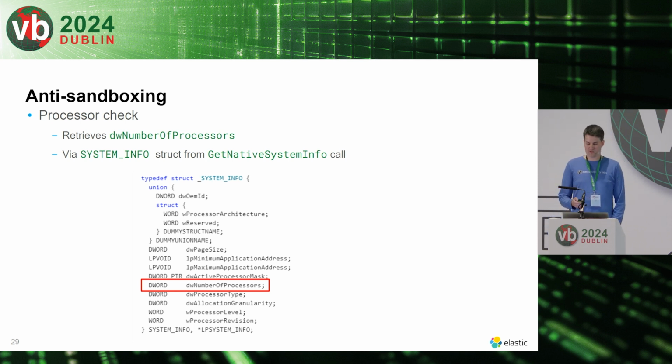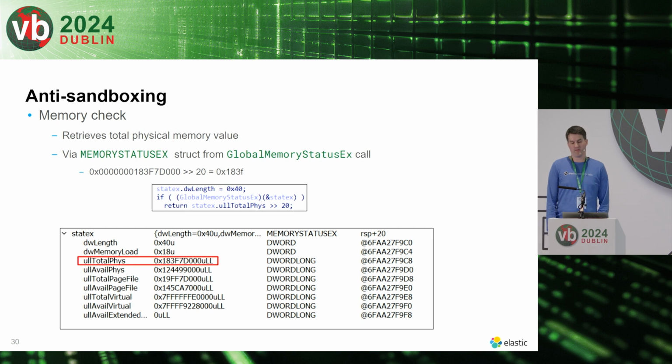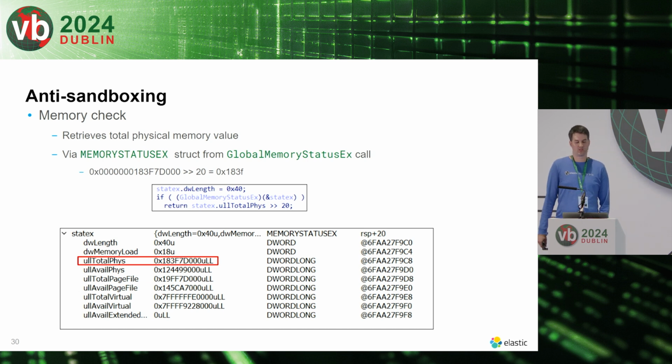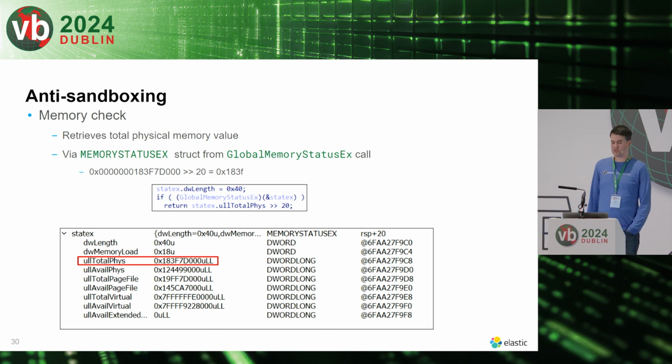So all they're interested in is grabbing the number of processors. The next one is related to memory checking. They want to grab the physical memory. How much RAM does that machine have? They do this through the GlobalMemoryStatusEx call. Then they'll do a small shift of the bytes, but it's all based on the total physical memory, and then they'll do a calculation after that.